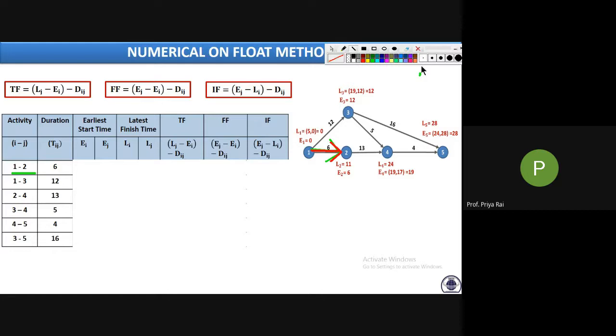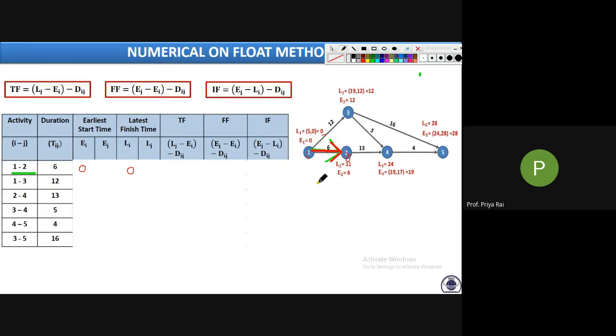So Ei is 0. Very good. Similarly, what is Li? Li is also 0. So simply write 0 here.